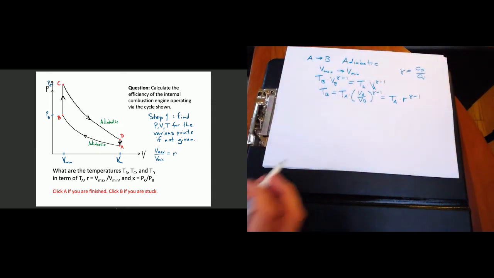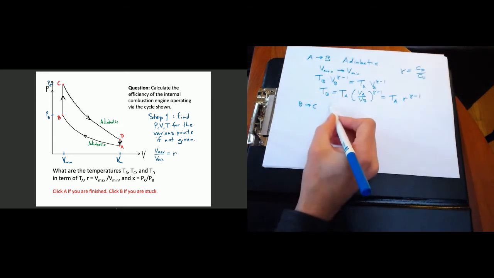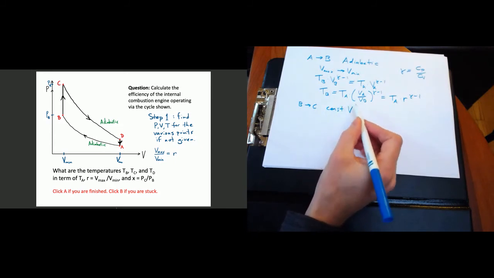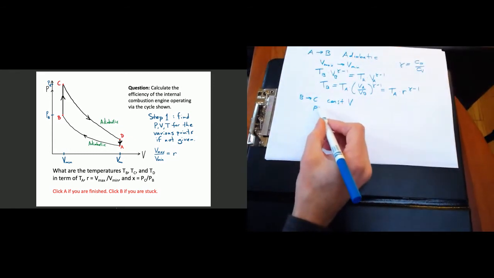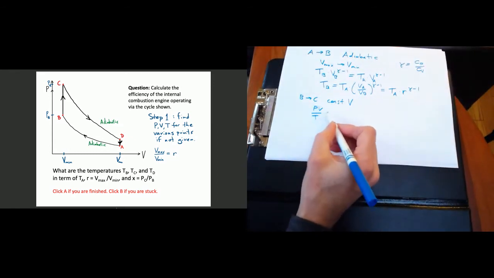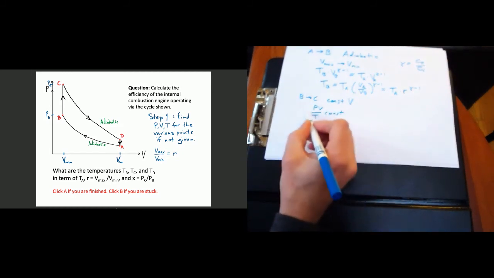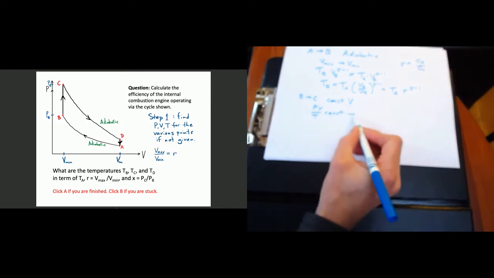Next, we have the process B to C. This one is constant volume. So for all the other ones, other than adiabatic, it's usually most convenient to work with the ideal gas law equation that PV over T is a constant.